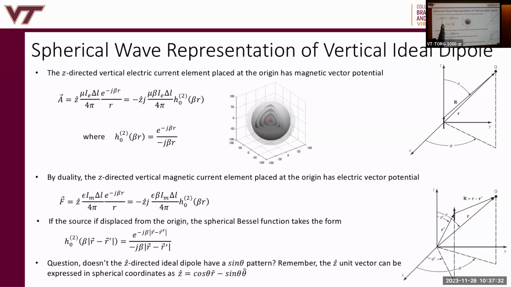So that's equal to minus z hat j mu beta I e delta L over 4 pi h0 2 of beta r, where we're defining h0 2 of beta r as e to the minus j beta r over minus j beta r. What is this? Just the Green's function, except for the minus sign, the j and the beta, and the 4 pi. It's a little different, right?